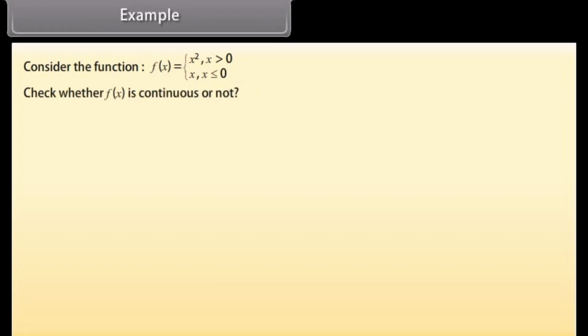Example. Consider the function f(x) equal to x squared for x greater than 0, and equal to x for x less than or equal to 0. Check whether f(x) is continuous or not. Solution.